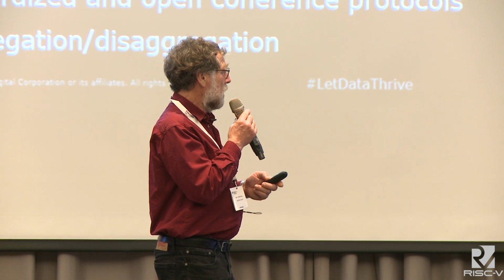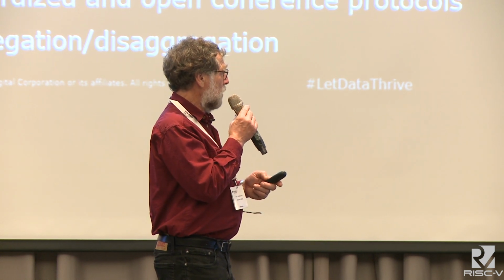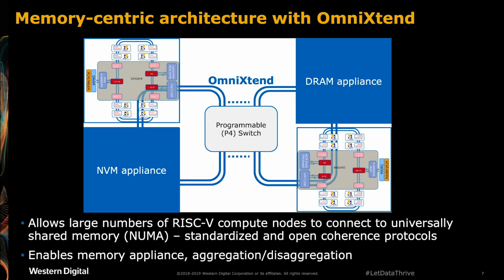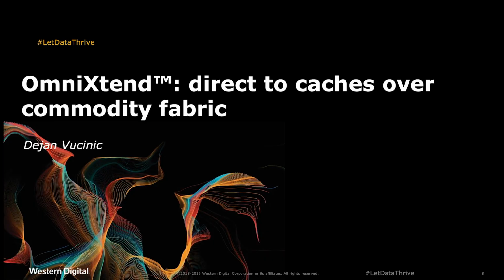And we can have a memory appliance with aggregation and disaggregation also attached. Okay, and then we can replace some of the normal processor nodes with DRAM appliances or non-volatile memory appliances. So we can go direct to cache, accessing caches directly over a commodity fabric, the 802.3.